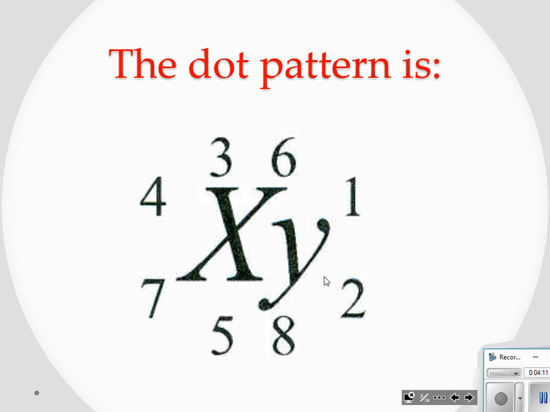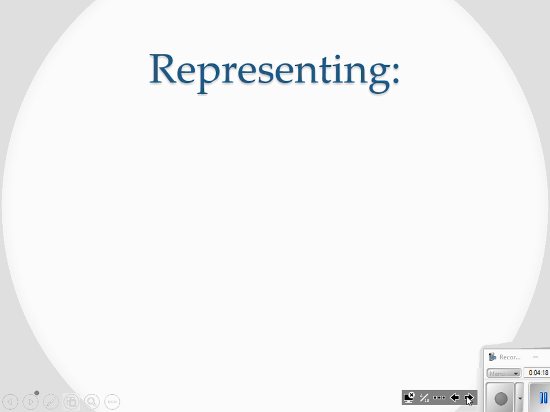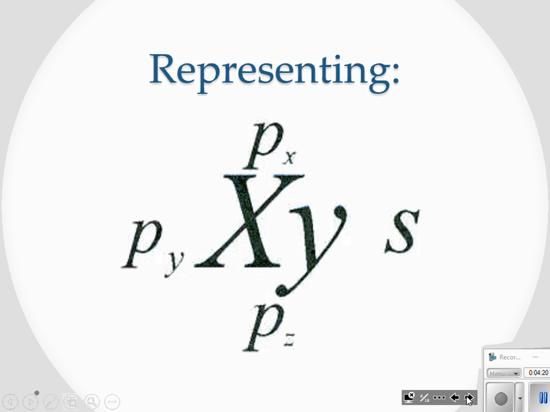Now, these 1, 2, 3, 4 through 8 represent this, folks. An s orbital, a px, a py, and that's a pz right there.